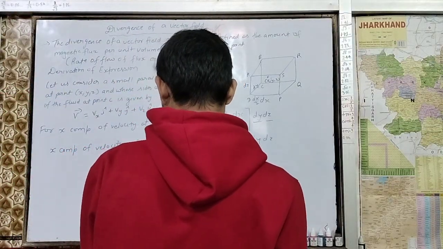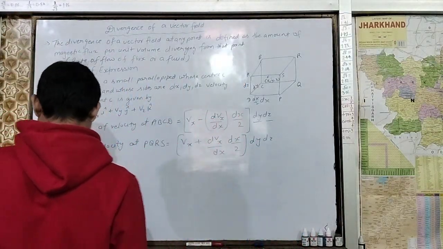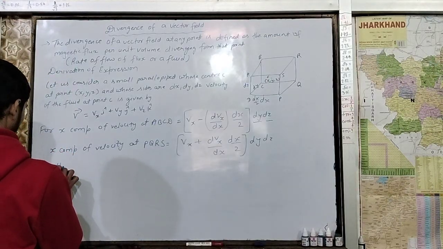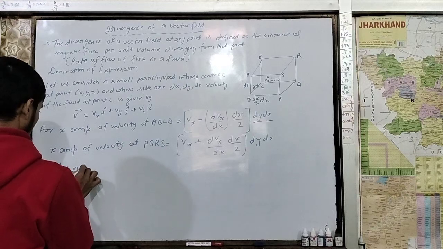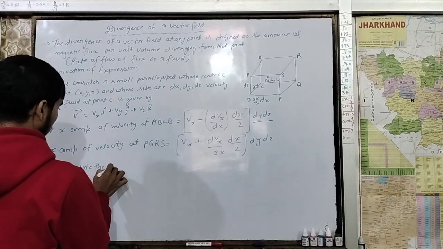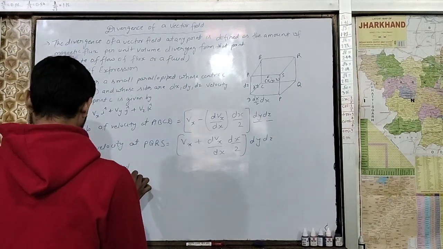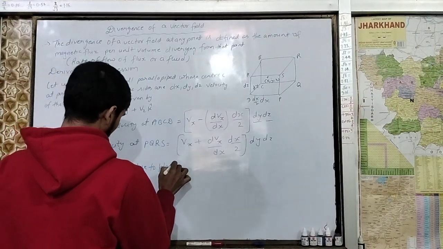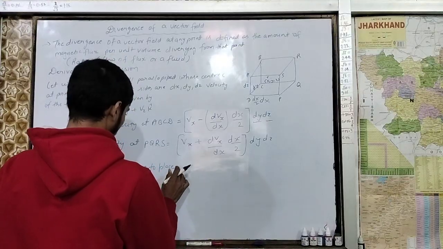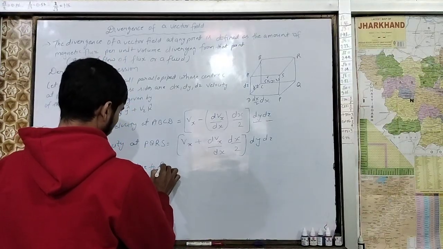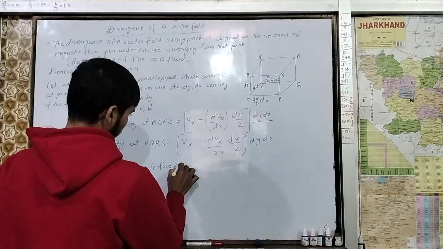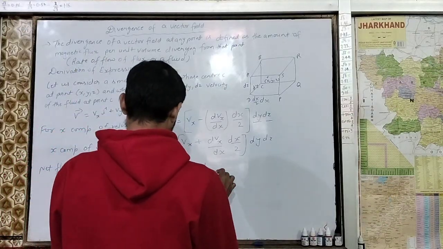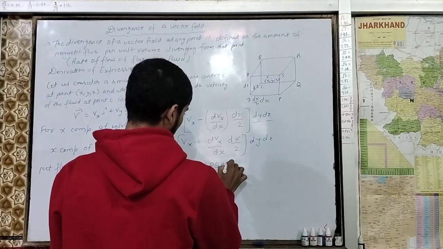So net flux inside the parallelepiped due to faces ABCD and PQRS.